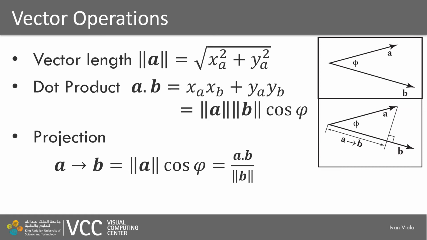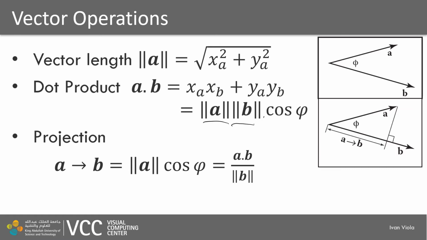Then we have various operations, various multiplications among vectors defined, such as, for example, the inner product or the dot product, which is defined as the multiplication of the magnitudes of the 2 vectors, times the cosine of the angle which is spanned between these 2 vectors.